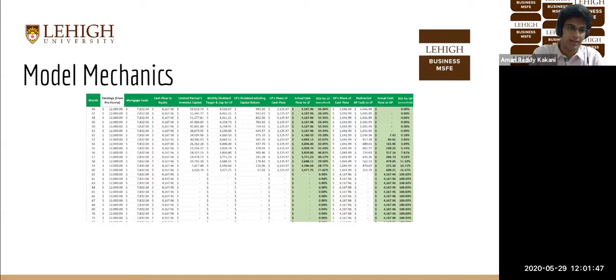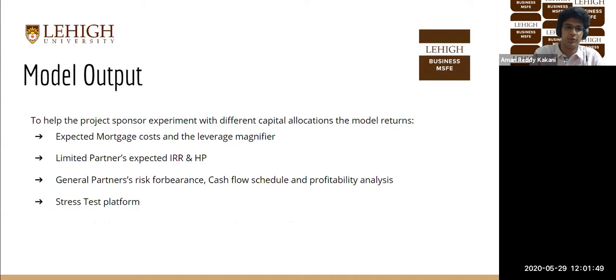We go to the next slide, which has to do with the model output. We didn't get into the output here because it is fairly difficult to represent on a slide. But basically, the takeaways that somebody who uses the model should be able to get is to see what the mortgage costs are going to be and what the magnifier for leverage is.